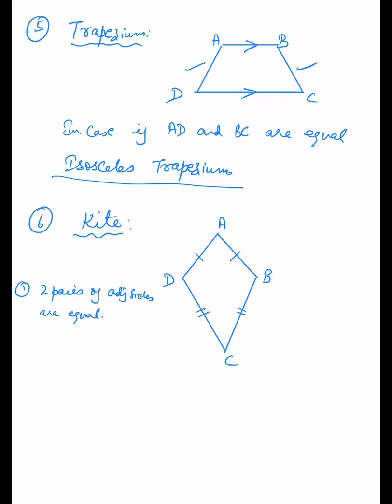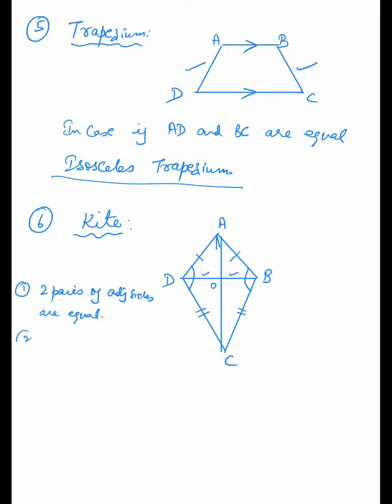Now what about the angles? If I look at this, these two angles will be equal. Okay. And what about the diagonals? If I talk about the diagonals, this is one diagonal AC, the other diagonal is BD. Can I say the diagonals bisect each other? No, not each other, but yes, one of the diagonals. Here you can see AO and OC are not equal, but yes, DO and OB are definitely equal.